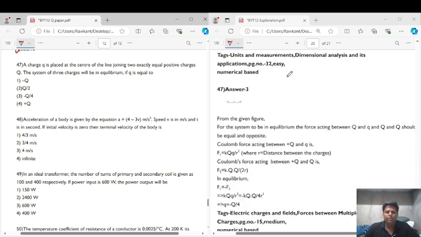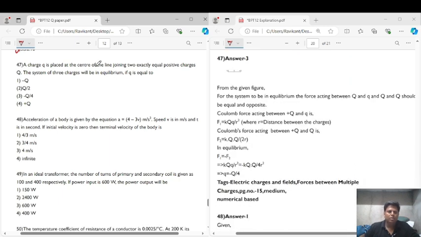Now question number 47. The charge Q is placed at the center of a line joining two exactly equal positive charges. The system of the three charges will be in equilibrium if q is. So what has been done over here is that here are two charges.